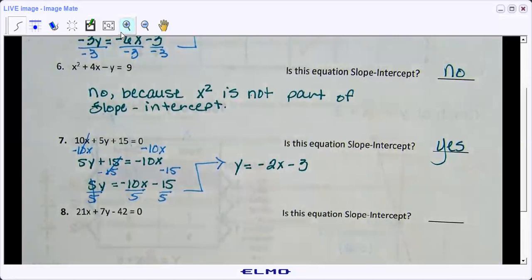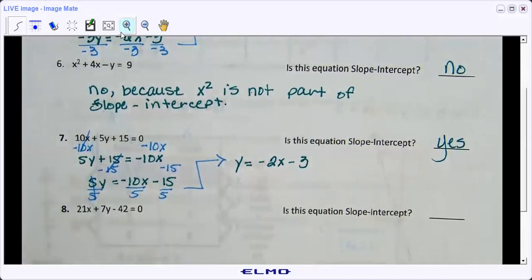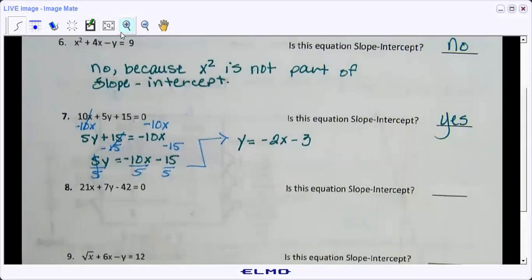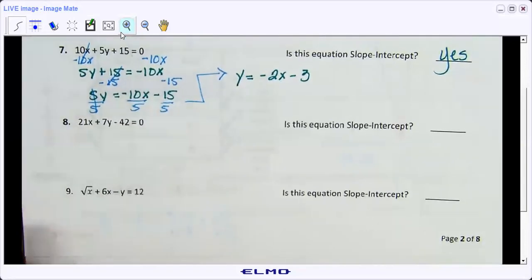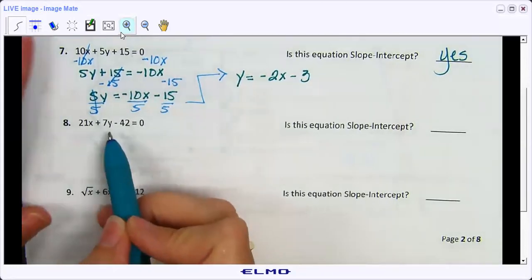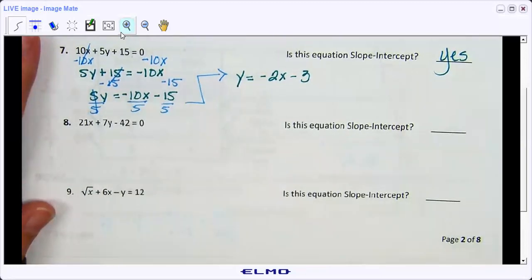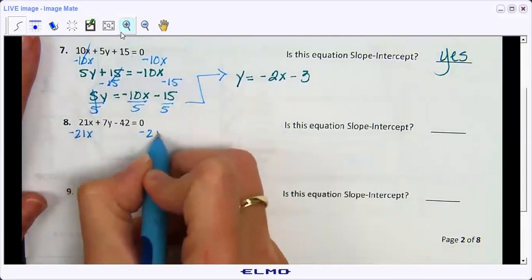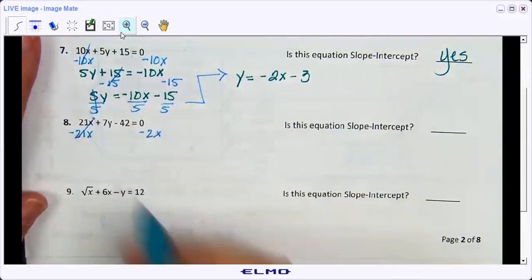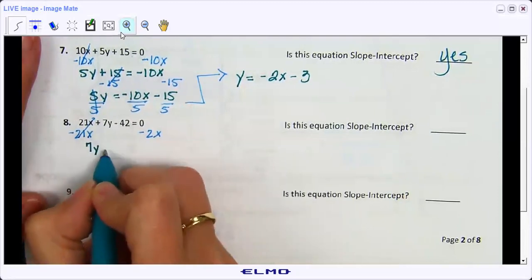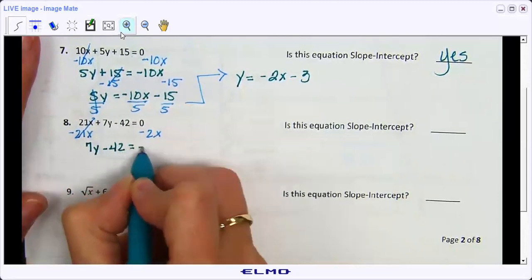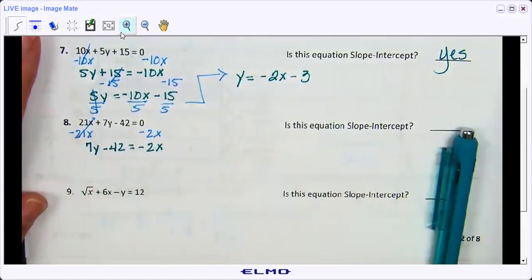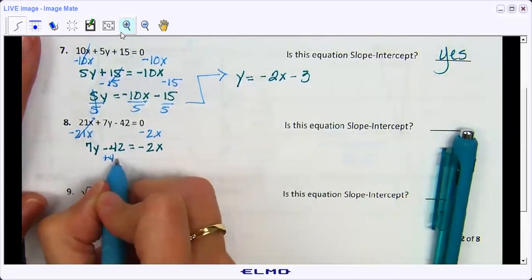I want you to go ahead and do 8 and 9 on your own and then check your answer. If you need time to do this, go ahead and pause the video because I'm going to keep going. All right, so I am going to subtract 21x on both sides, and then I'm going to add 42.